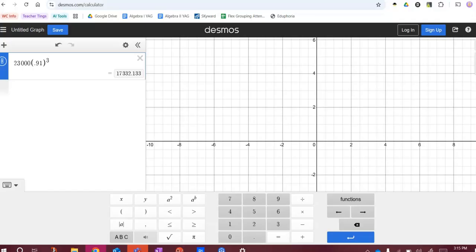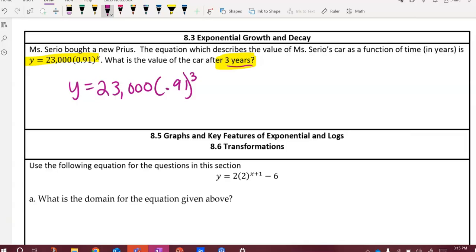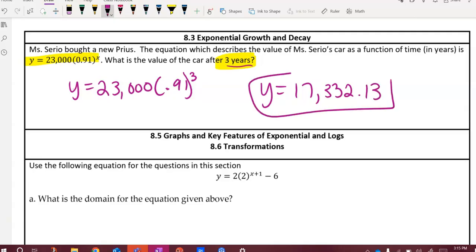We get 17,332 and 13 cents. So this is how much her car will be worth in 3 years.